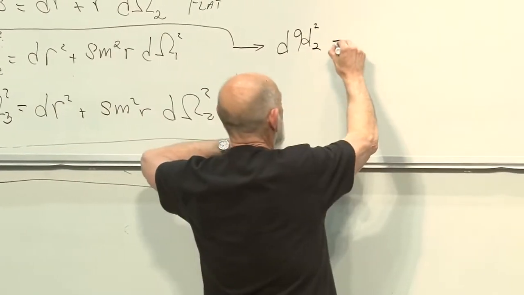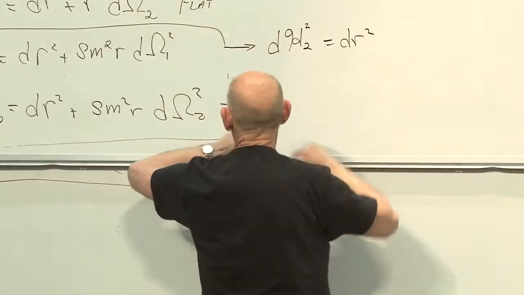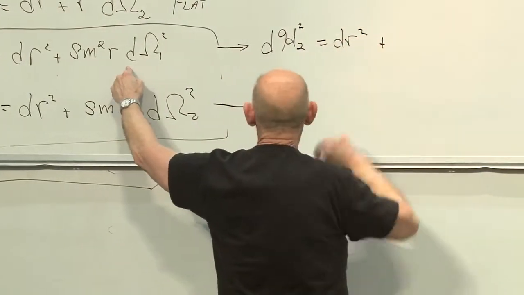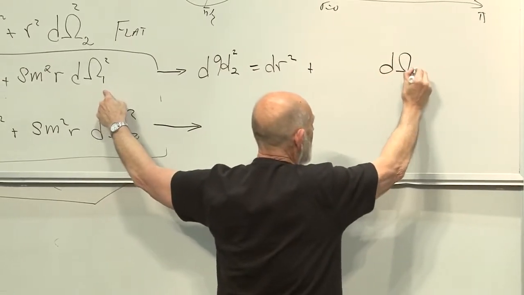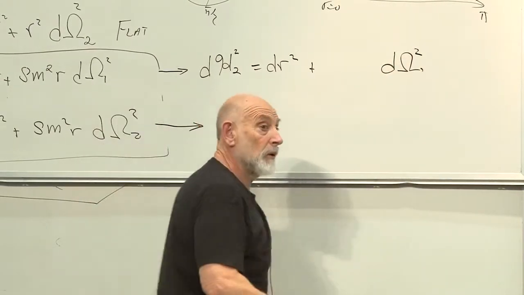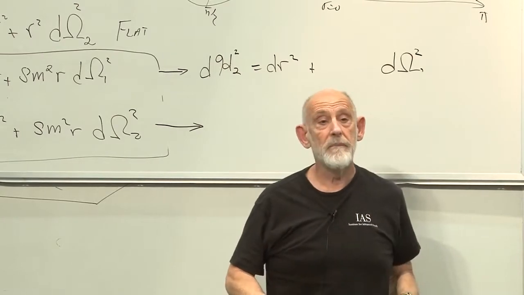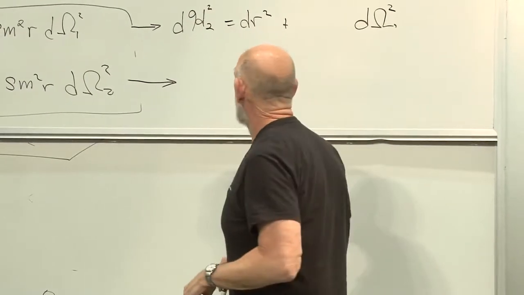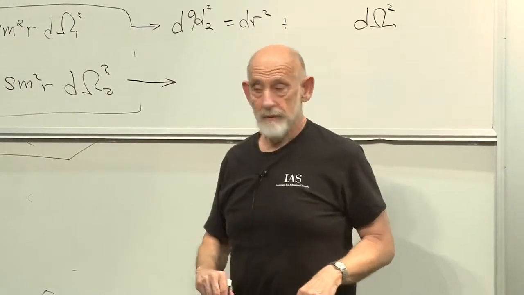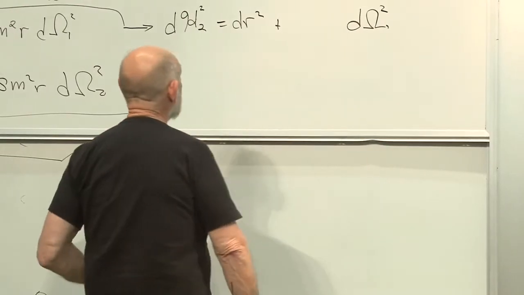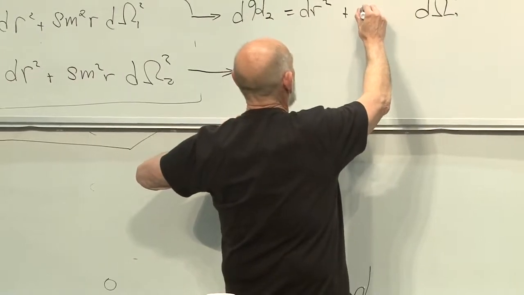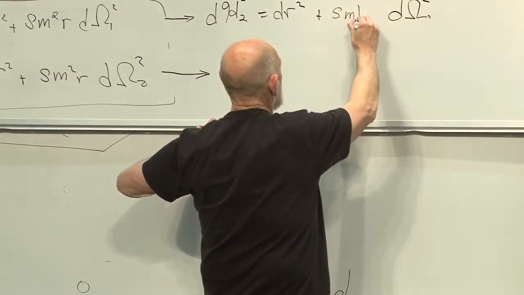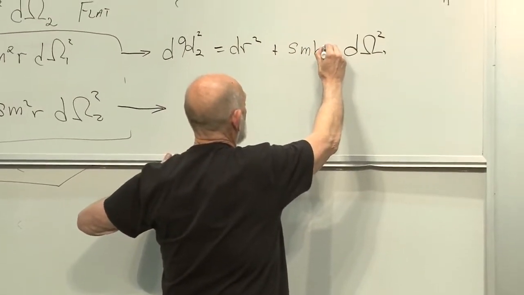Exactly the same, dr squared plus something squared times d omega 1 squared. dh squared or d omega? Question? dh or d omega? dh2. The omega. I'll tell you in a minute. Okay. And here we put hyperbolic sine of r squared.